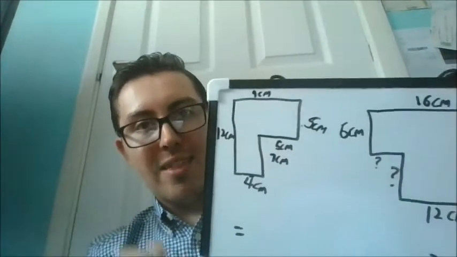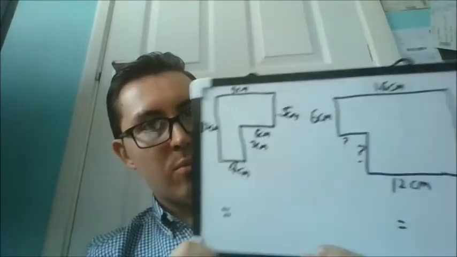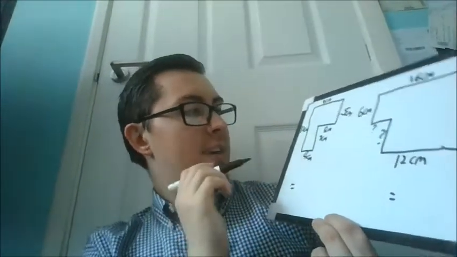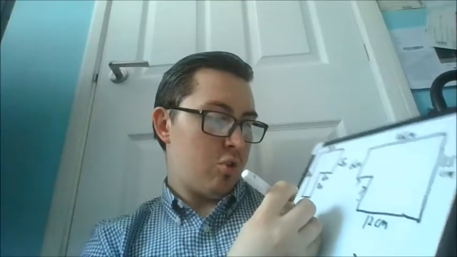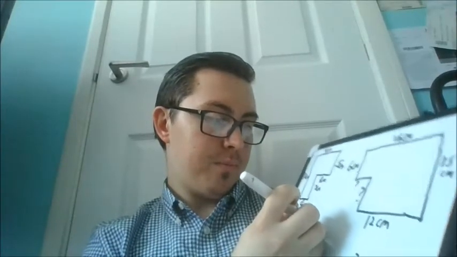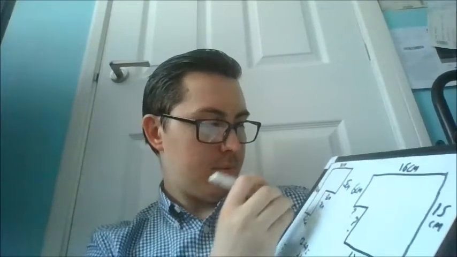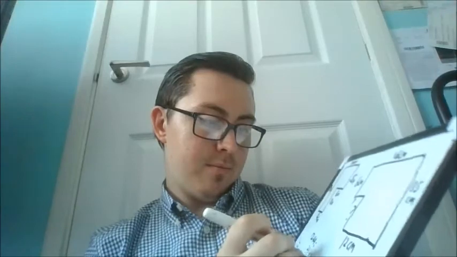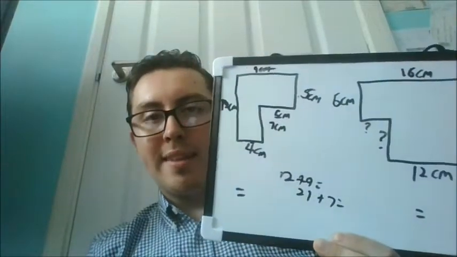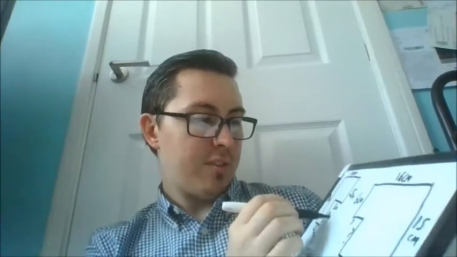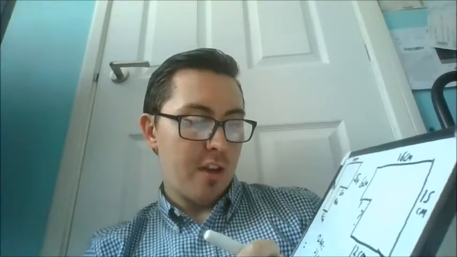So now we have to add them up all together. So start with the main ones. 12 add 9 is 21. Cross them out. Add 7. 21 add 7 is 28. Cross out 7. 28 add 4 is 32.